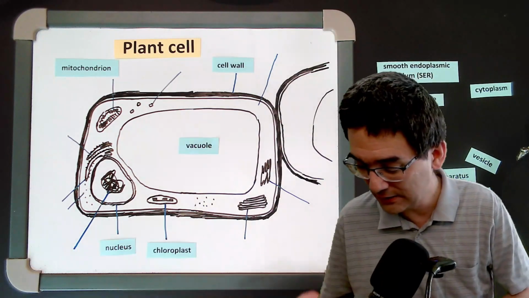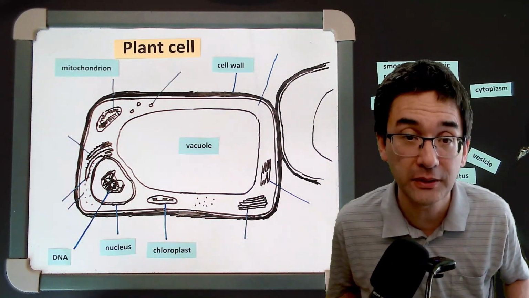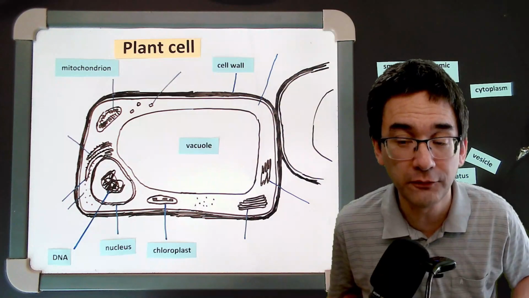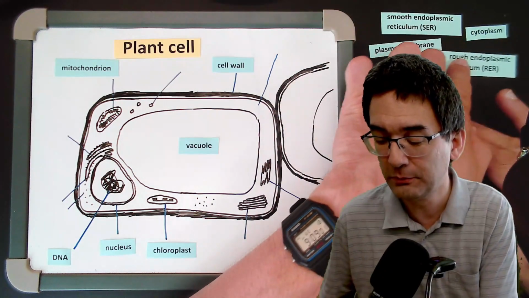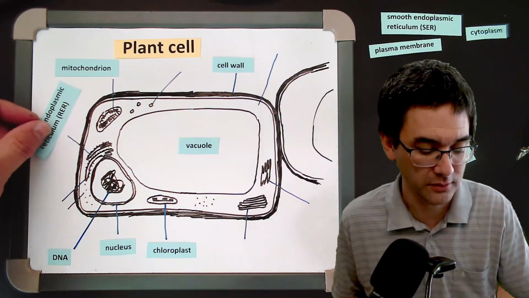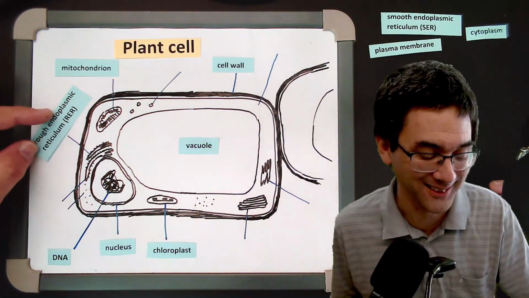So the nucleus, then of course we have the DNA inside the nucleus over here. This structure over here with the little dots on it, that's the rough endoplasmic reticulum. So here it is, the rough endoplasmic reticulum. Not enough space. See, always plan out your drawings.